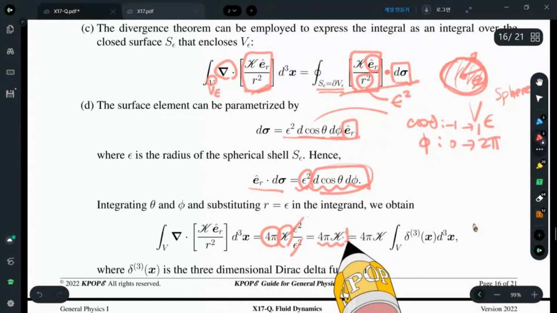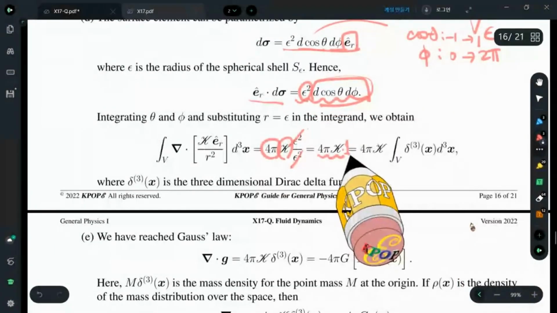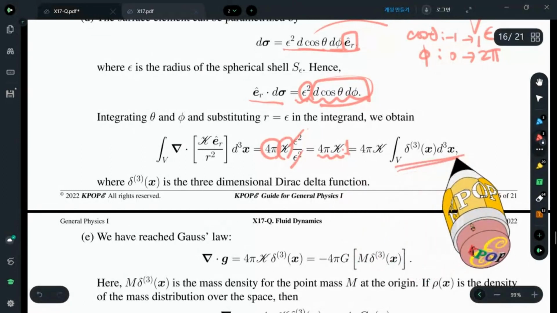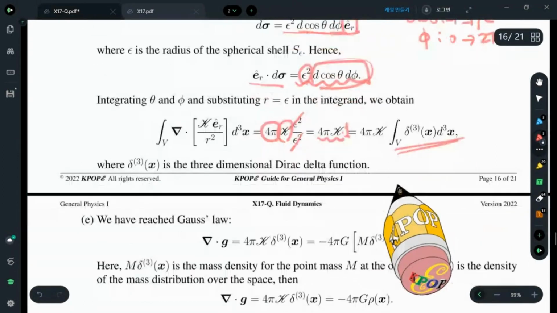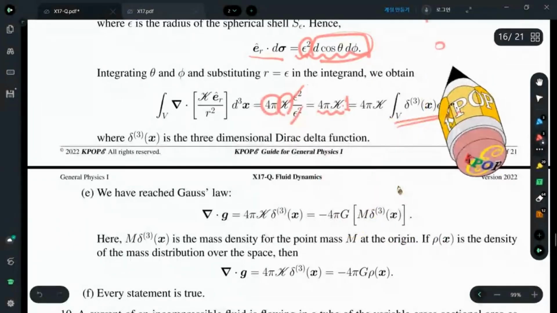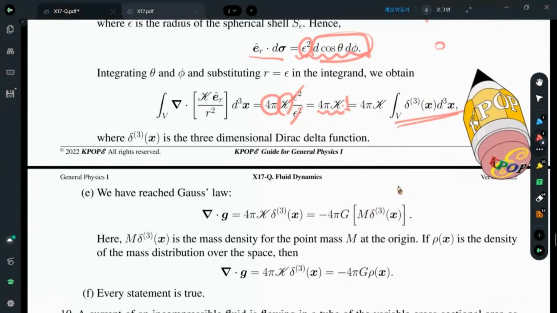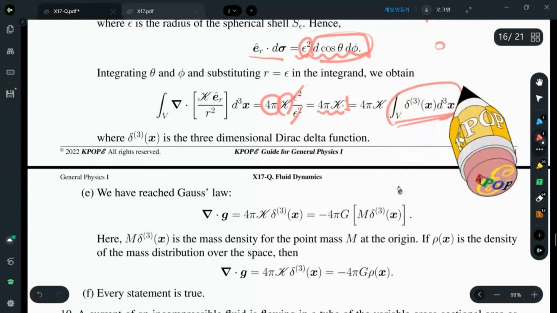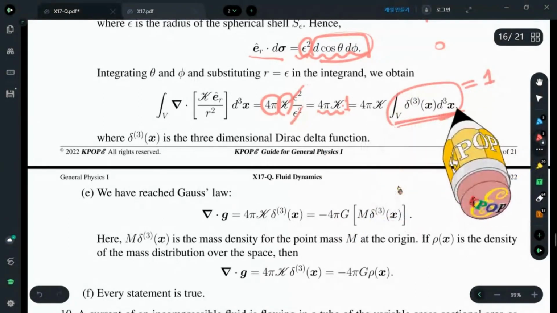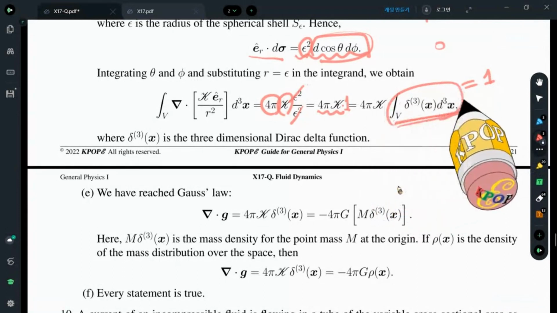multiplied by unity. And unity can always be expressed as the integral of the Dirac delta function. The Dirac delta function is 0 everywhere except for the singularity at the origin. However, its integral is defined to be 1. So it looks complicated, but we have already studied that it is just 1.